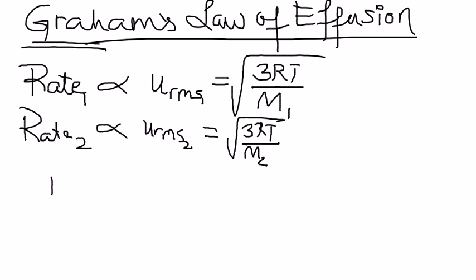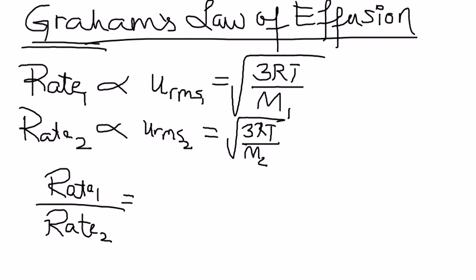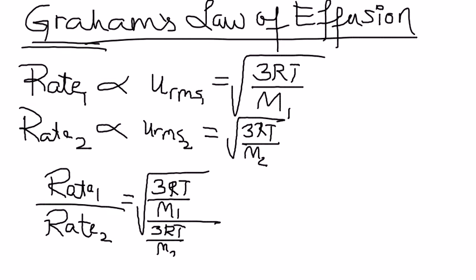One might be able to say that the relative rate, rate 1 over rate 2, will be equal to the square root of 3RT over M1 whole divided by 3RT over M2.